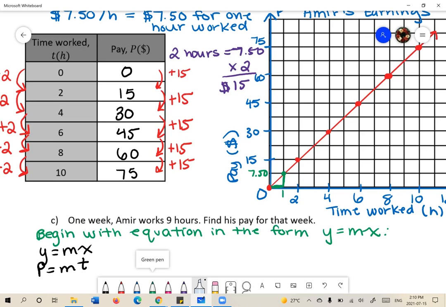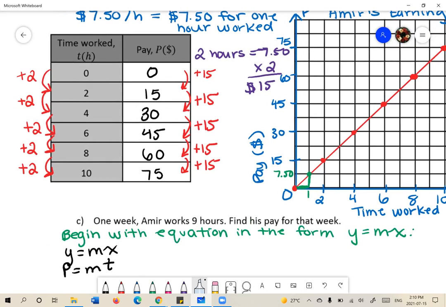I can also reference my table of values to determine my slope. Remember that your slope is equal to many things, rise over run, y2 minus y1 divided by x2 minus x1. And it's also equal to the change in y over change in x.